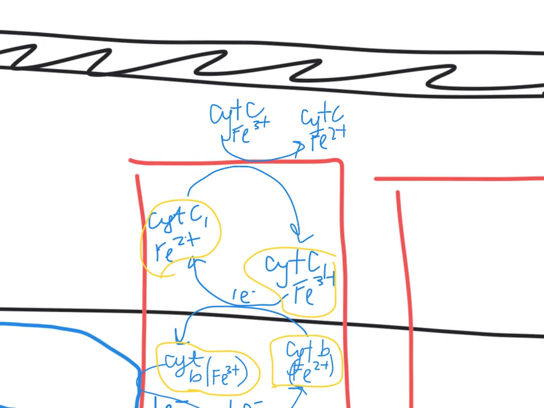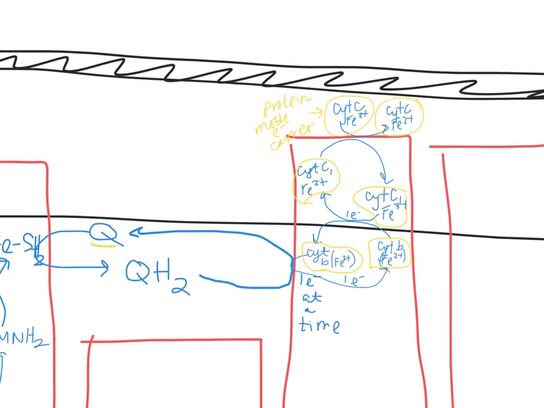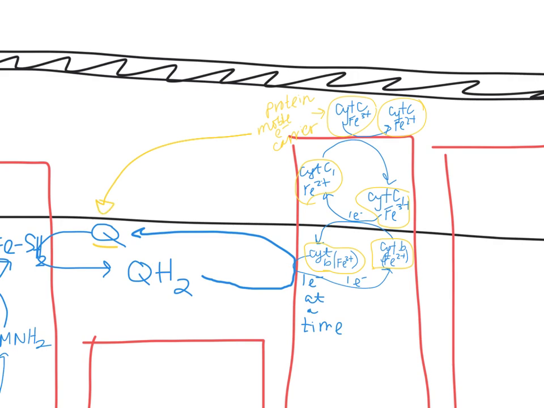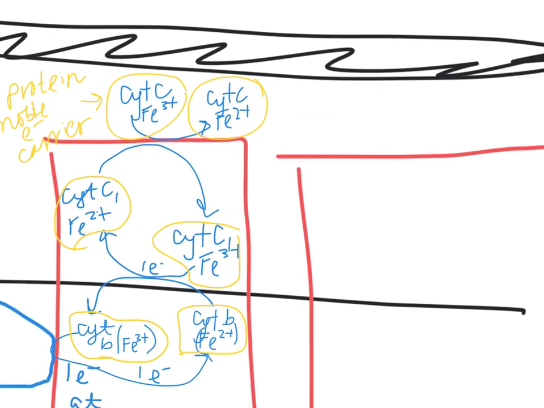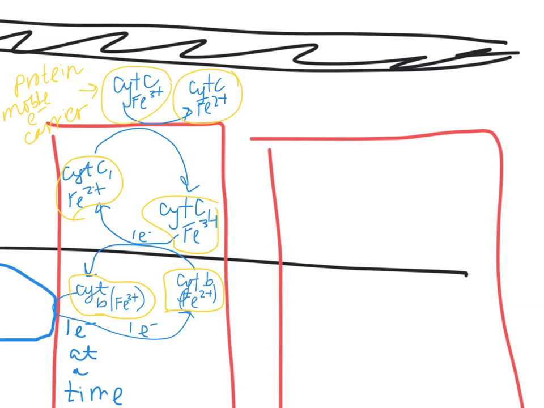And this is a protein that's soluble in the intermembrane space, and this is the second mobile electron carrier. So cytochrome C is the first mobile electron carrier, and QH2 is the other mobile electron carrier, and they're mobile because they move. All the rest of these electron carriers don't move.